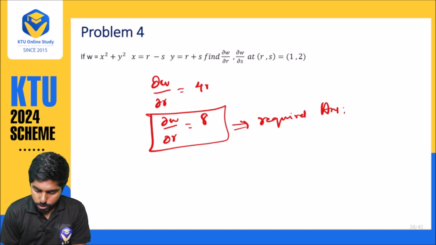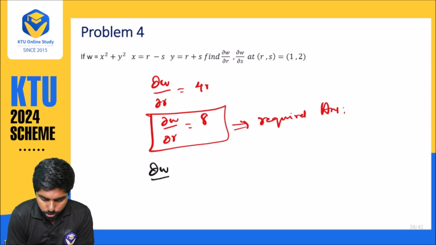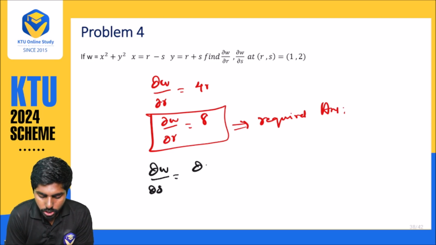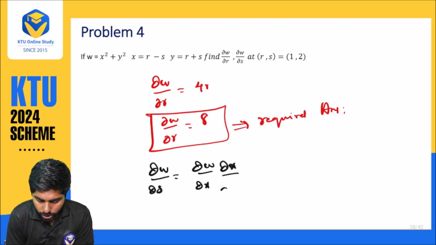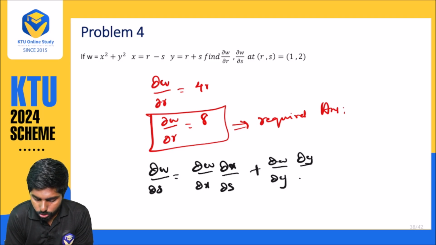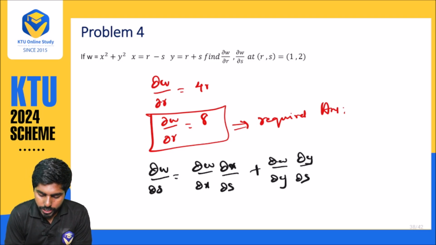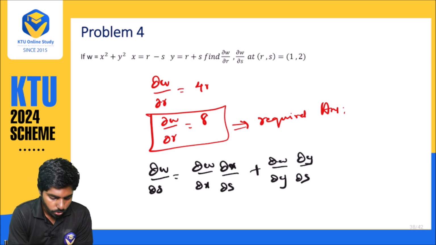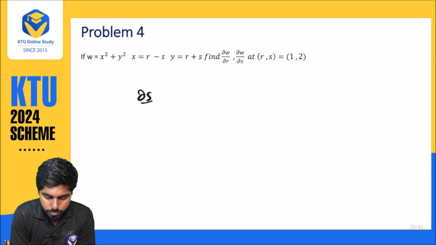Now with respect to what? ∂w/∂x, that is nothing but ∂w/∂x times ∂x/∂x plus ∂w/∂y into ∂y/∂x. So we want to identify ∂x/∂x.